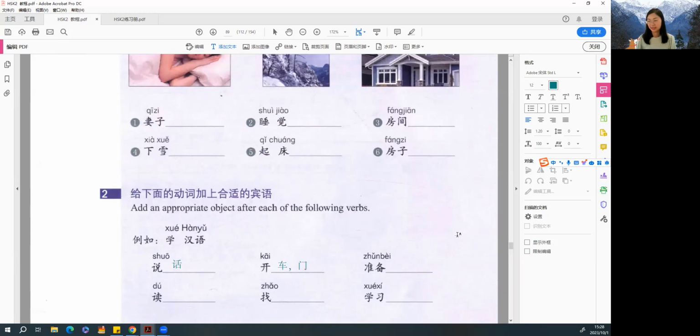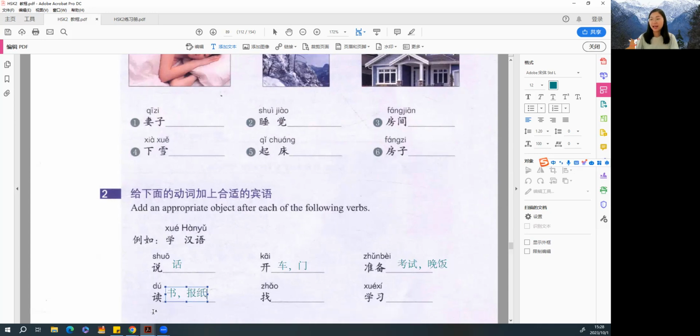准备 is prepare, right? Prepare 考试 exam, 准备考试, or 准备晚饭, prepare dinner. 读书, we can say read books, right, 读书, or read the newspaper.